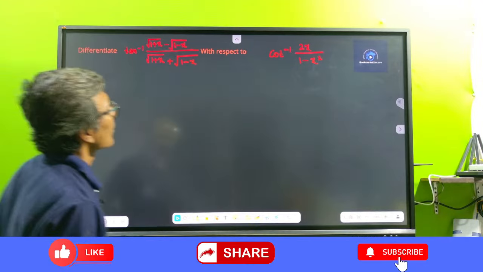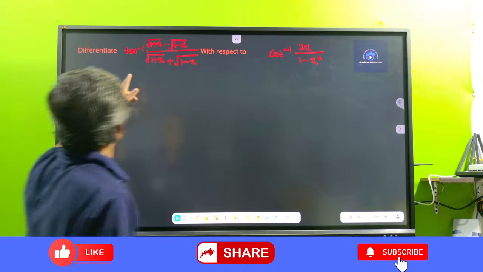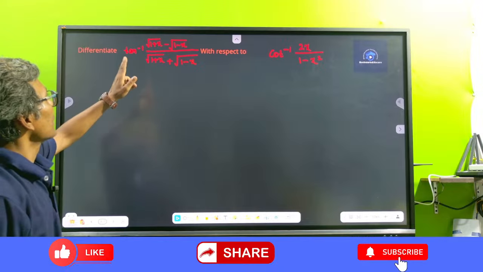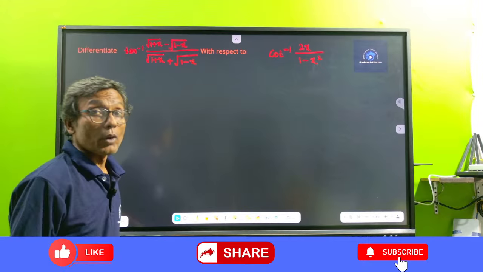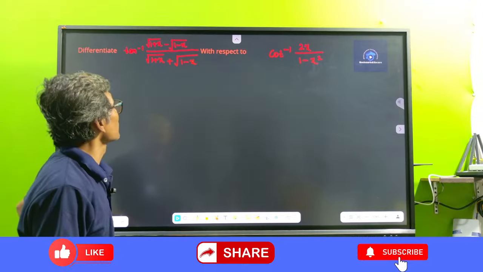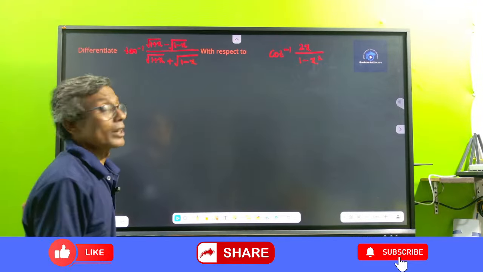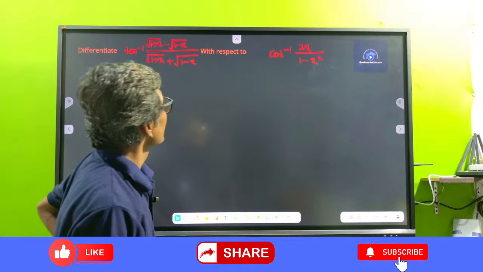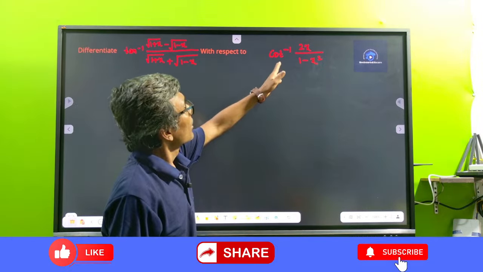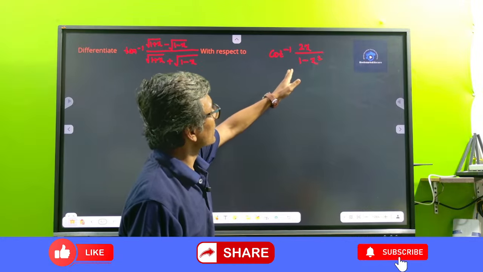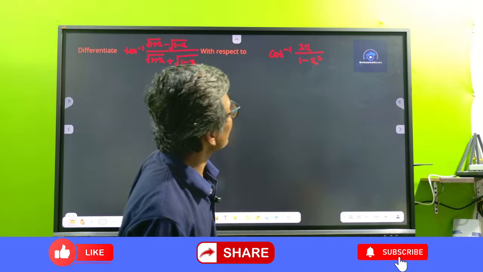So, differentiate tan inverse of root over 1 plus x minus root over 1 minus x, by root over 1 plus x plus root over 1 minus x, with respect to the function cos inverse x by 1 plus x square.